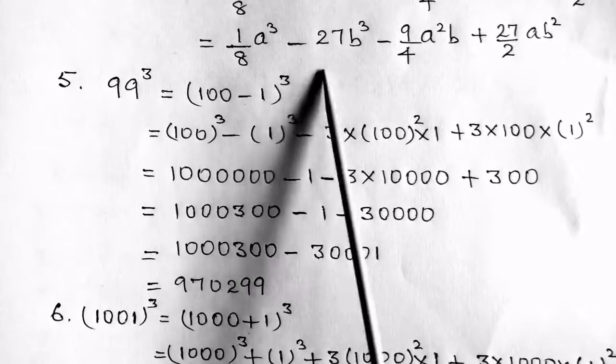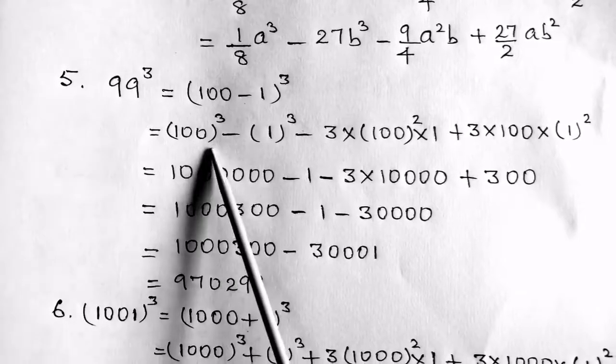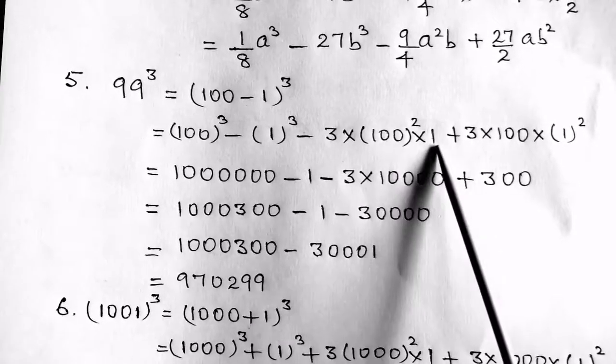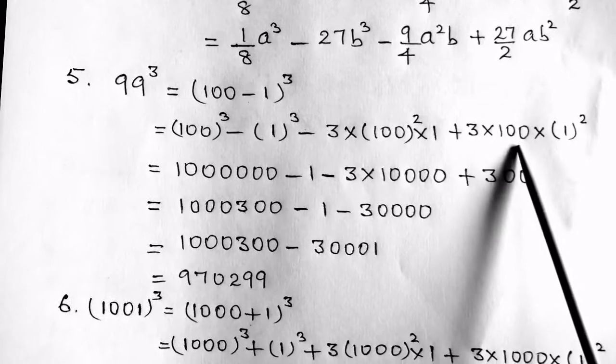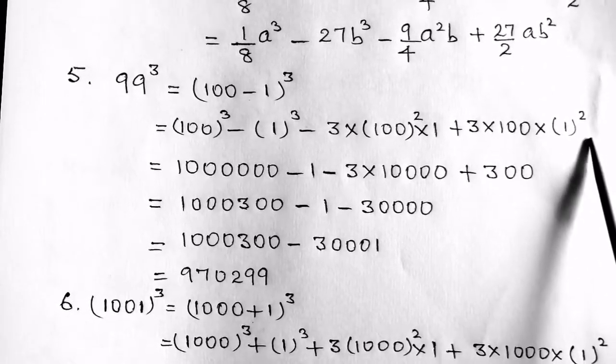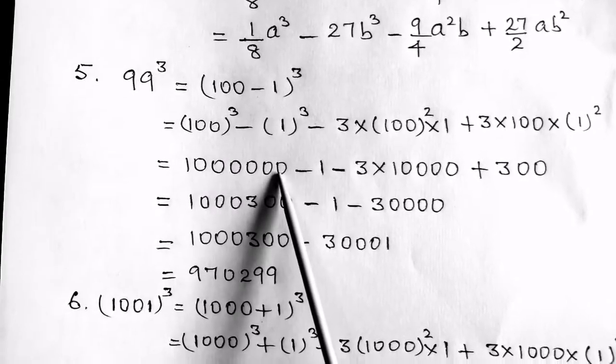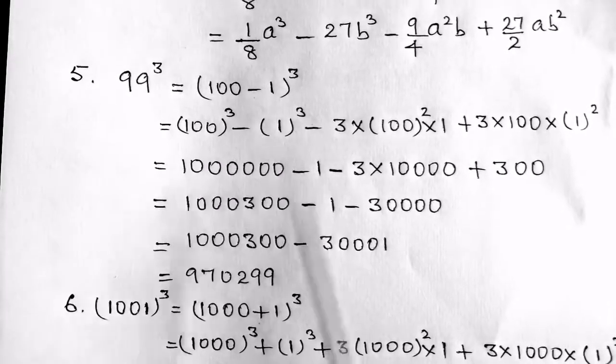Now use the formula (a − b) whole cube: cube of first minus cube of second minus 3 into square of first into second plus 3 into first into square of second, right? Now cube of 100 will be, you will get 6 zeros, 100 into 100 into 100, right?